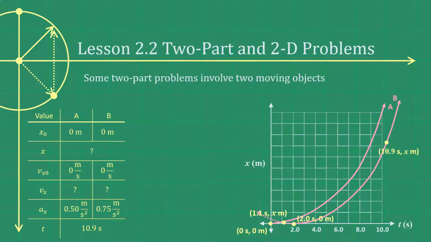And then my A parabola is going to shift too. Because remember, A and B are going to pass one another in the real world at 10.9 seconds. So that means that my A parabola has to pass through that same point that B is passing through.